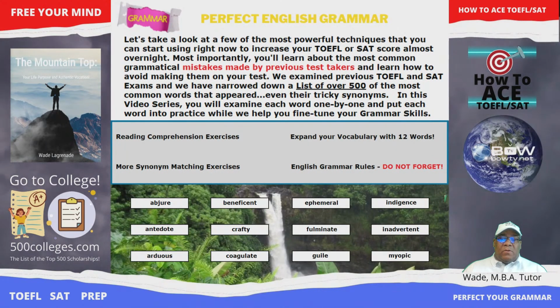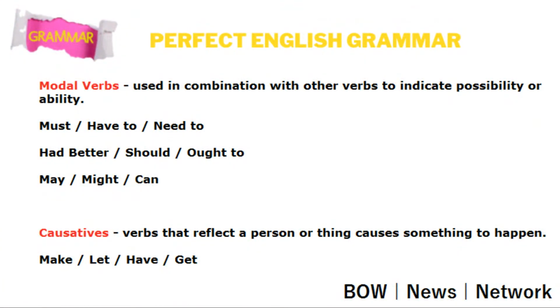We're just going to take a quick look at some grammar rules before we get into this chapter's set of vocabulary. We wanted to take a look at modal verbs as well as causatives. Modal verbs are used in conjunction with other verbs to indicate ability or possibility.